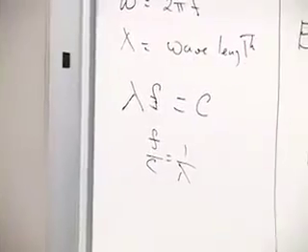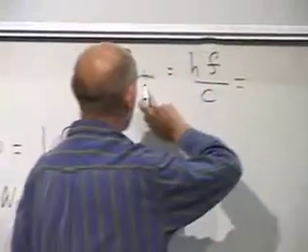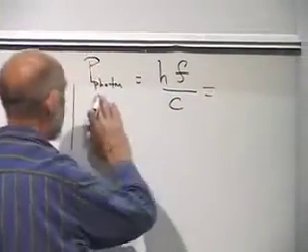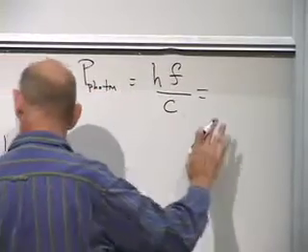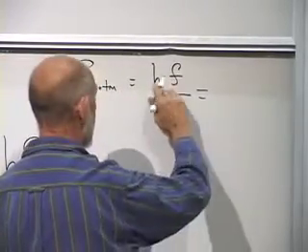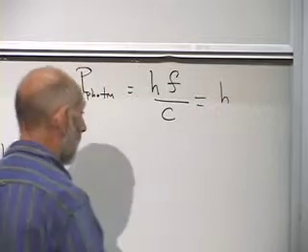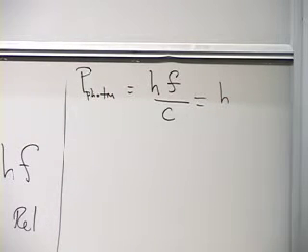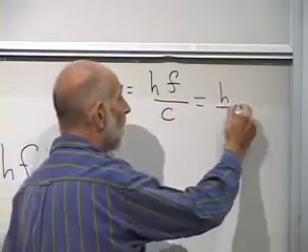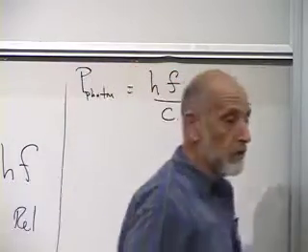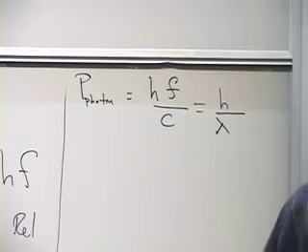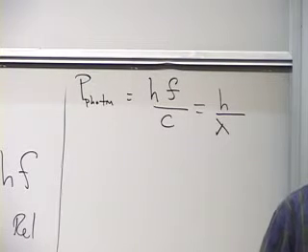So this is just the equation that the photon momentum in magnitude is equal to Planck's constant times the frequency divided by c, which is h divided by the wavelength. So the smaller the wavelength, the larger the momentum of the photon.